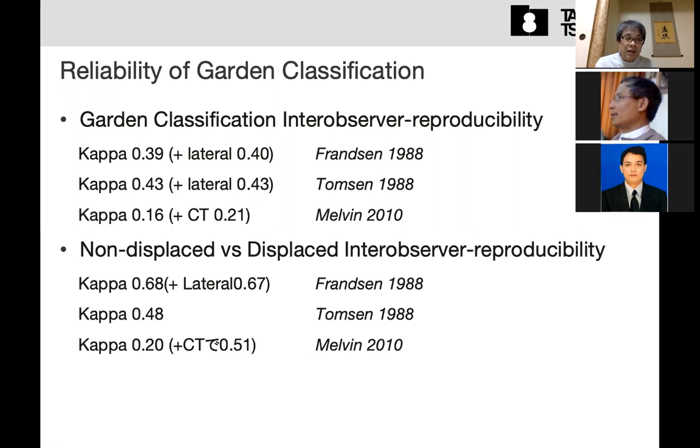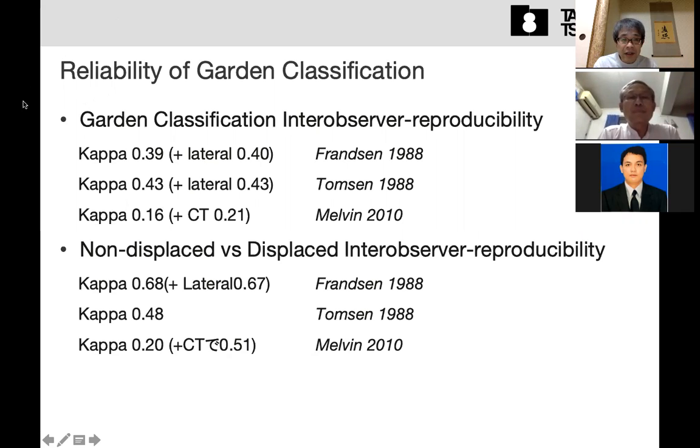So it means if two surgeons see the same X-ray, one of the two patients has a different diagnosis, classified into a different category. It is very interesting. It is easier if you classify into 2 classes, one displaced, another not displaced fracture.